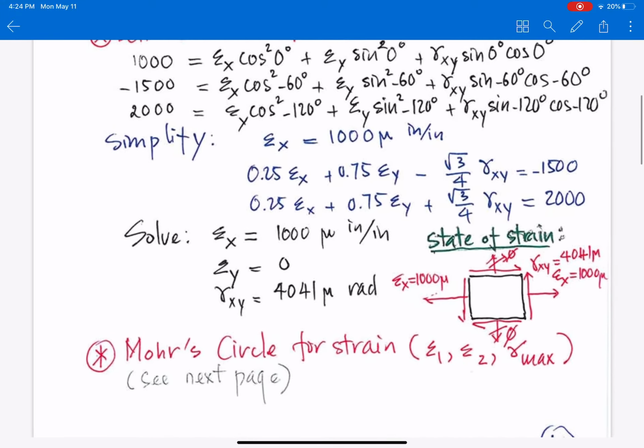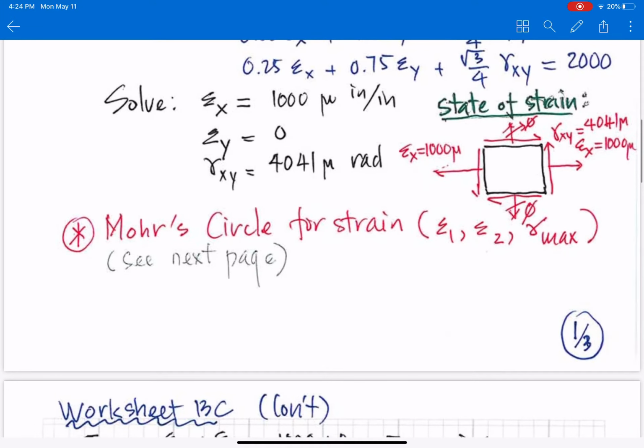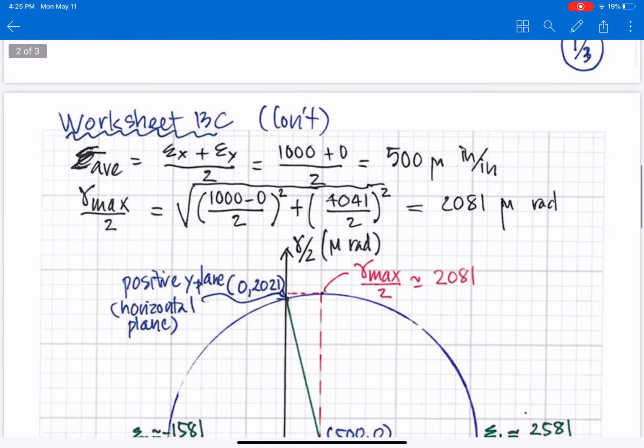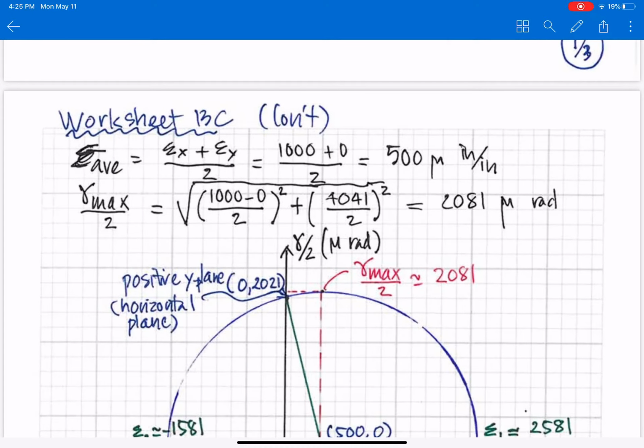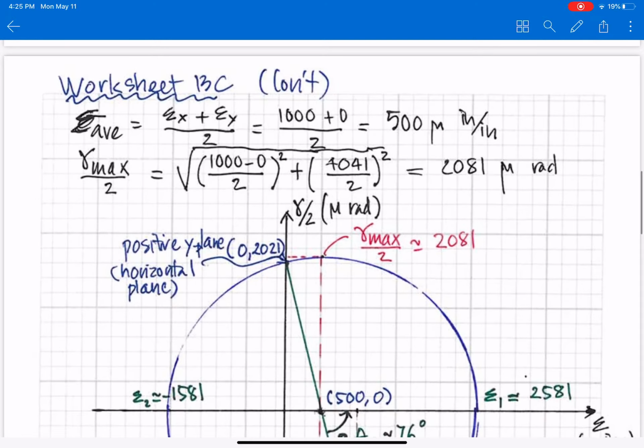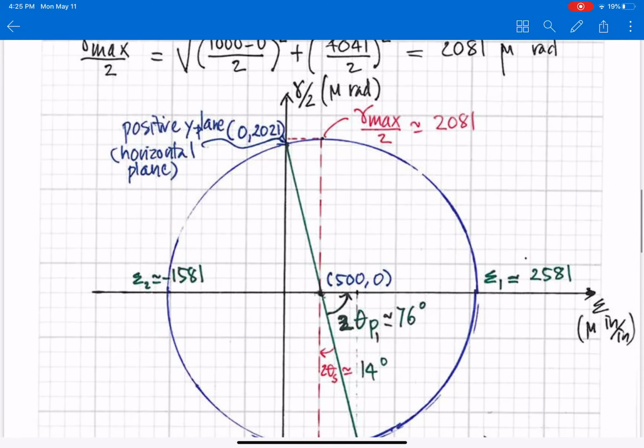You need to draw the Mohr circle for strain to find epsilon 1, epsilon 2, and gamma max. Exactly the same. So you need to find the epsilon average and gamma max over 2. So we can draw the Mohr circle.